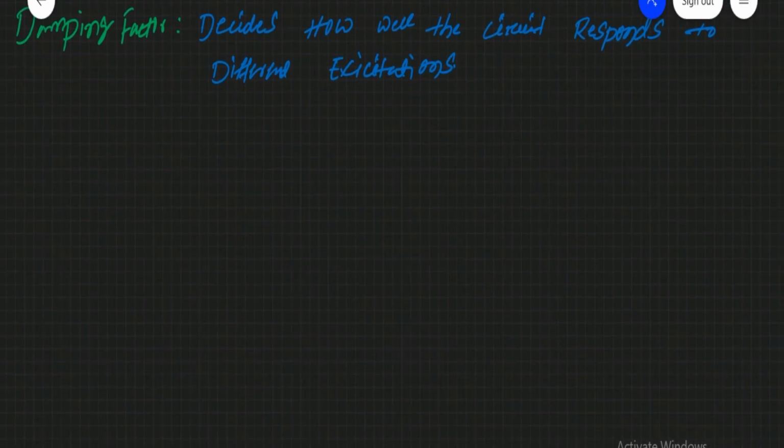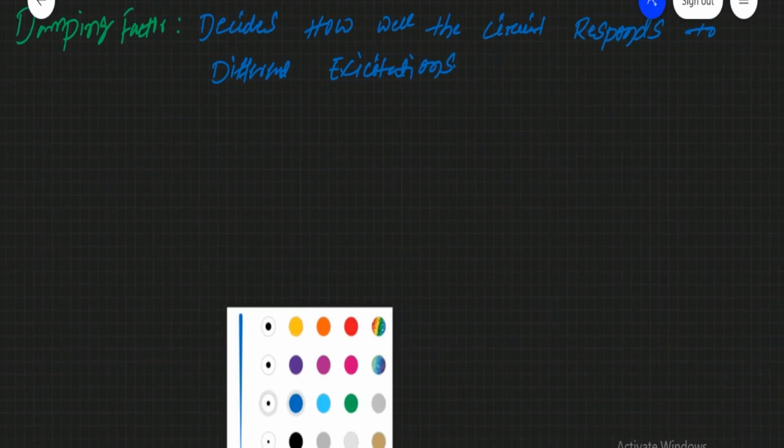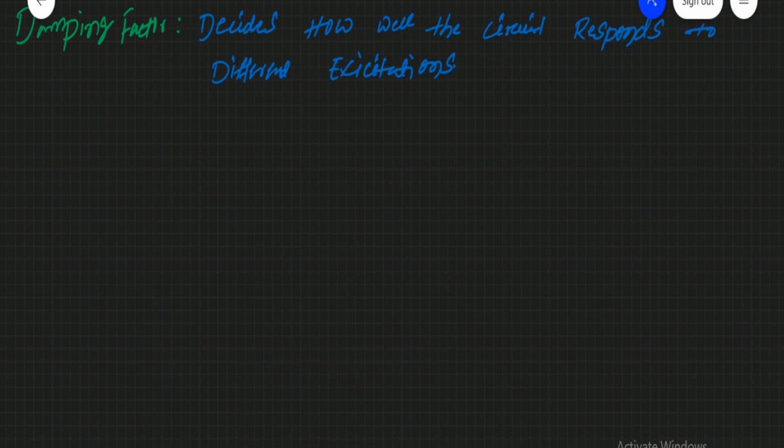Case 1. Case 1 is R by 2L greater than 1 by under root of LC. From where did we get this R by 2L, L and C? From the factors.